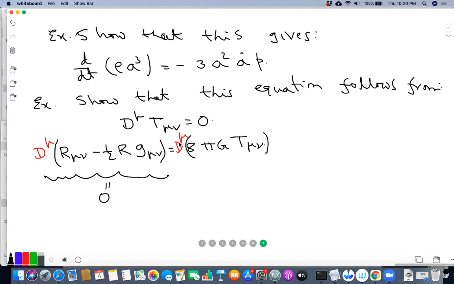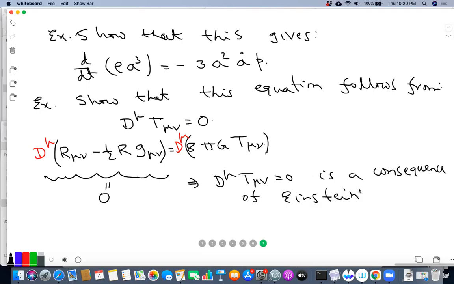And that means that ∇_μ T^μν = 0 is a consequence of Einstein's equation. And this is what we are saying here. So this is the energy conservation, and it's a consequence of Einstein's equation.